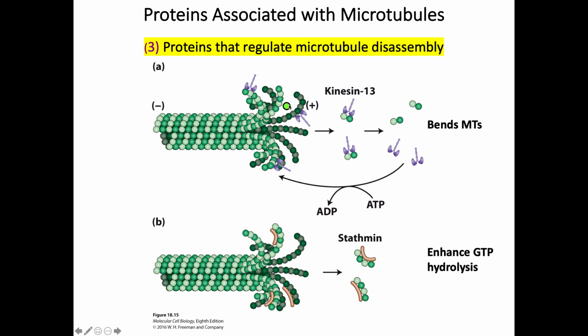It is the same way that actin goes from ATP to ADP towards the minus end and depolymerizes. But the only function for the stathmin is to enhance that hydrolysis process so that they disassemble. And also it physically puts a bend, and that destabilizes it. So these are two of the proteins that are responsible for the disassembly at the plus end.